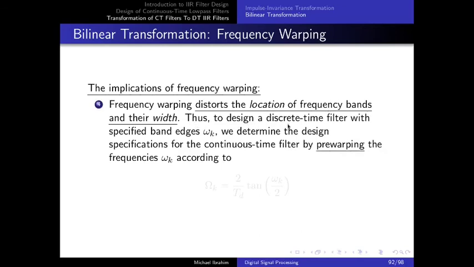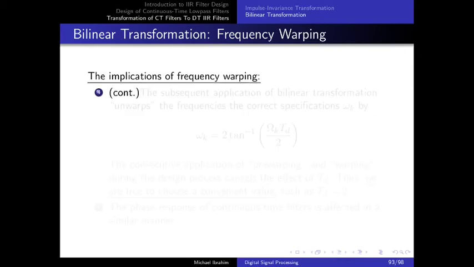Thus, to design a discrete time filter with specific omega k, we need to determine the design specification for the continuous time filter by first pre-warping the frequencies, according to this relation between capital omega and lowercase omega.